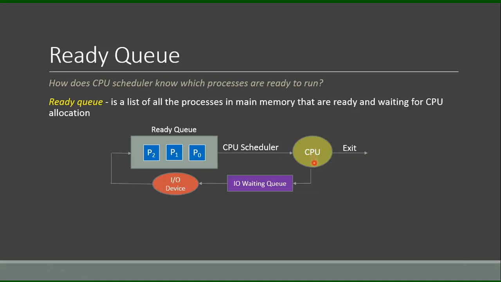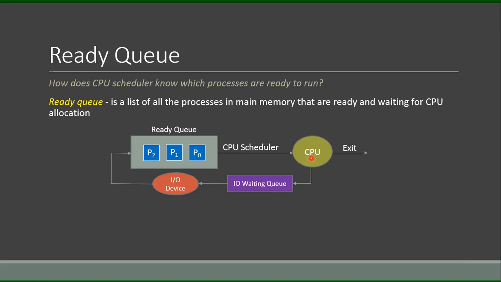The second possibility is that during execution, the process has issued some IO request. So the process will be blocked because it has issued an IO request. Until this IO operation is completed, the process must wait and it cannot be executed by the CPU.